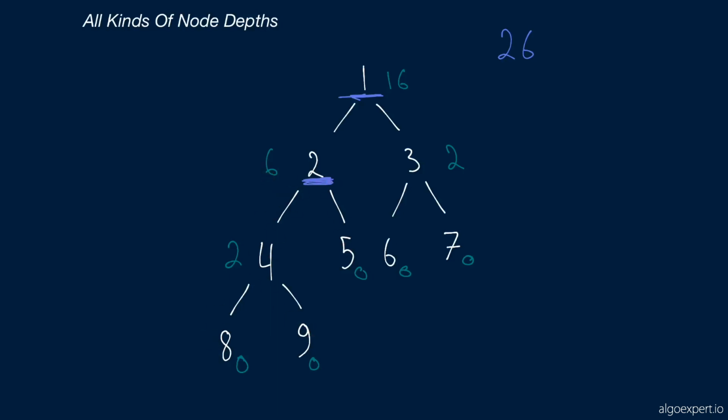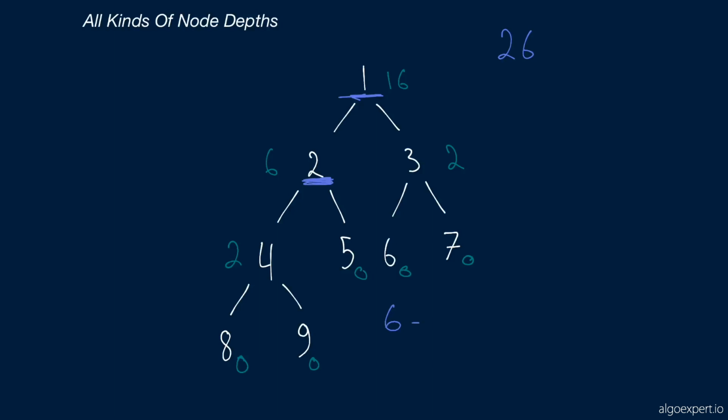But we just said that all of these depths, 2 plus 2 plus 1 plus 1 plus 0, are 1 lesser than the equivalent depths of these nodes relative to the node with value 1 that's 1 level above the 2. So here, to get this 6, let me write it down here.